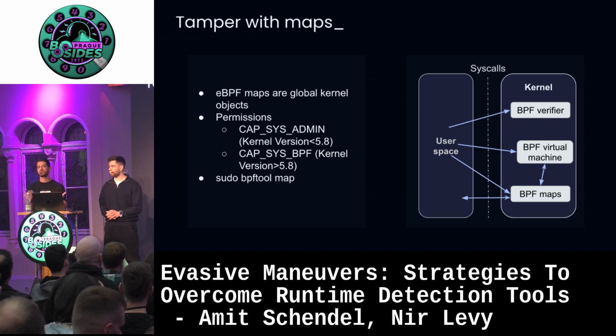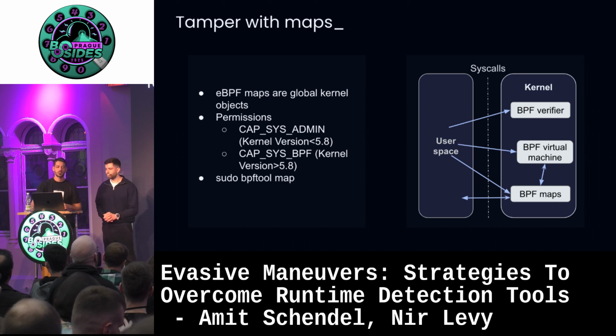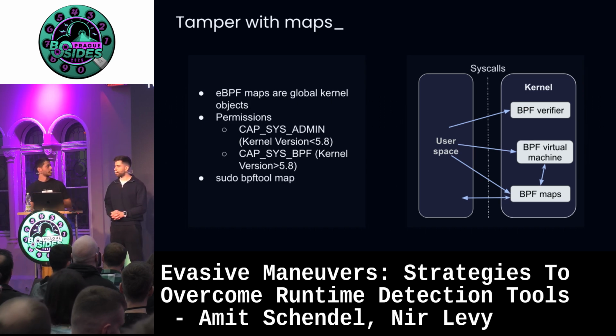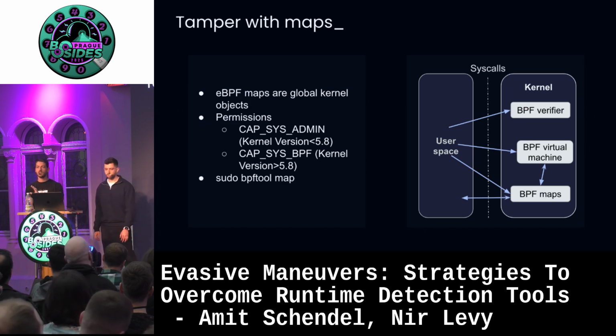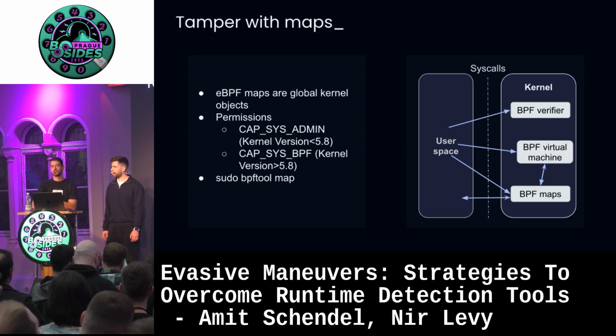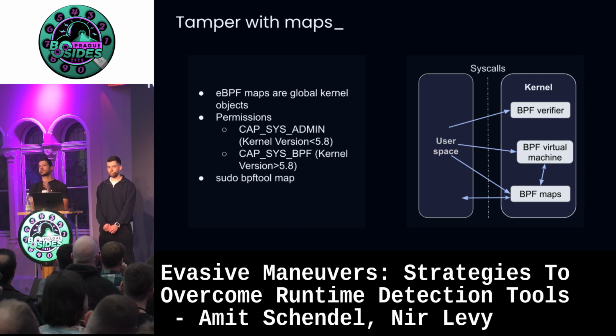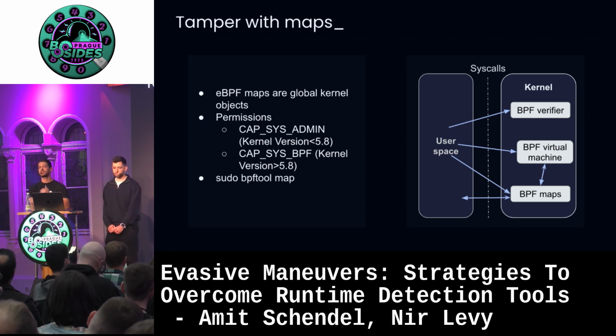Now, a map is like any key-value storage, like a dictionary in Python, for example, the same concept. It's mainly used for two things. The first is storing a lot of data, which we want on the heap. And the second is to send the events that we trace. For example, the execve that we trace in eBPF, we want to send it to user mode, to the actual agent controller.